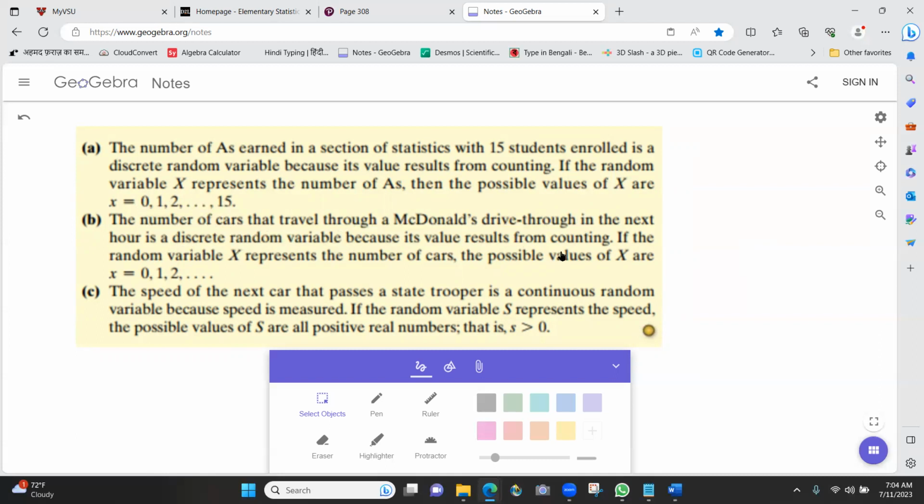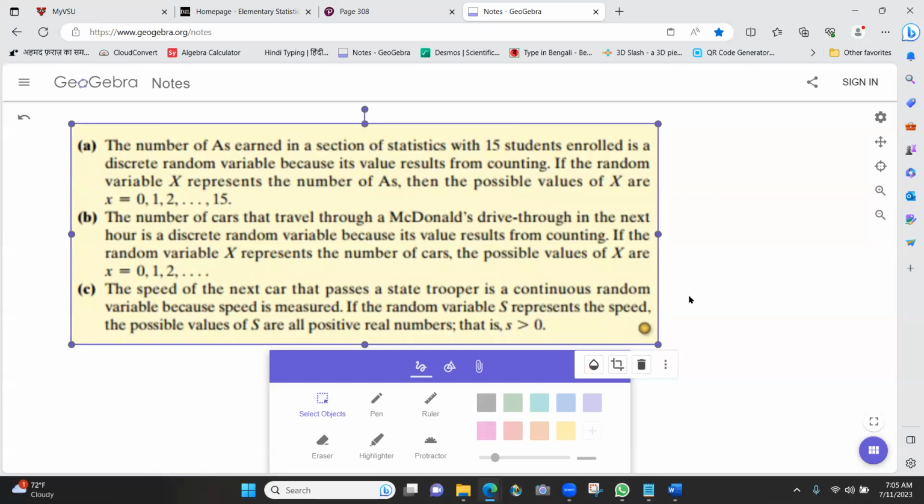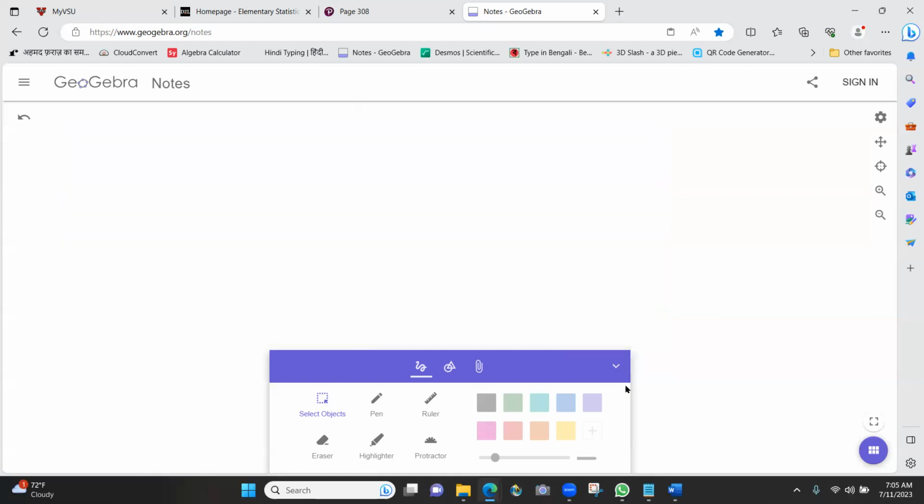In the next hour, how many cars could pass through? 0, 1, 2, 3, 4. It goes on and on. The speed of the next car that passes a state trooper is a good example of a continuous random variable, right? It could be anything above 0. So there are some nice examples here, and we went over them.